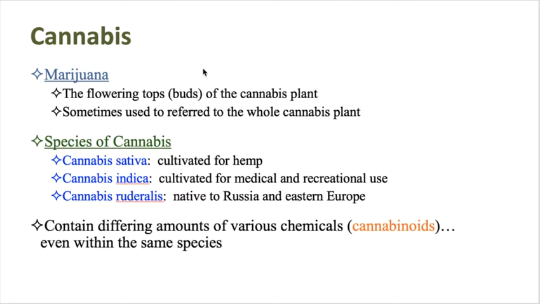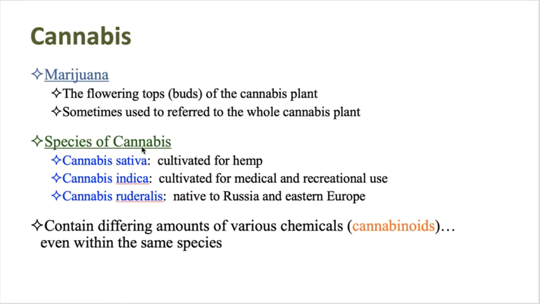So marijuana has a bit of a pejorative tint to it, and I'm going to use cannabis as much as I can. The other reason is that cannabis works well with the actual chemical class and the synaptic receptors that we're going to be talking about. So just to keep everything consistent.